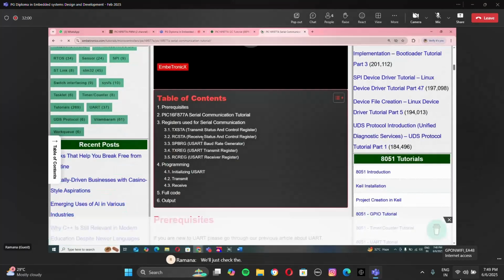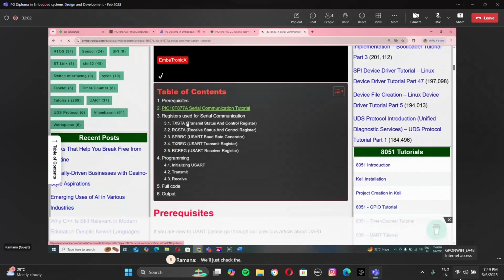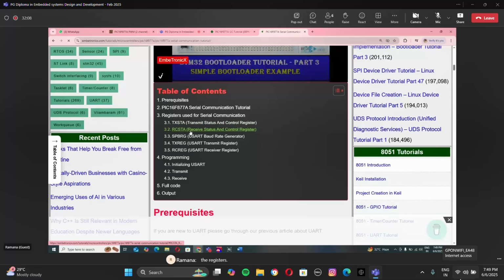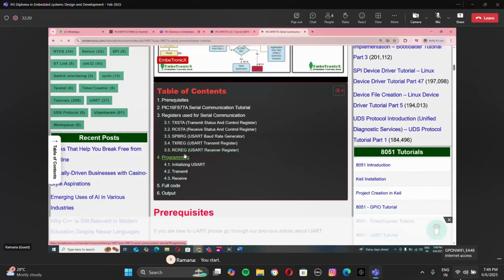Okay, PIC serial communication. These are the registers we have. Okay, TX transmit status and control register, receiver status and control register, baud rate generator, and transmit register, receiver register. Okay, these are the registers. Okay.